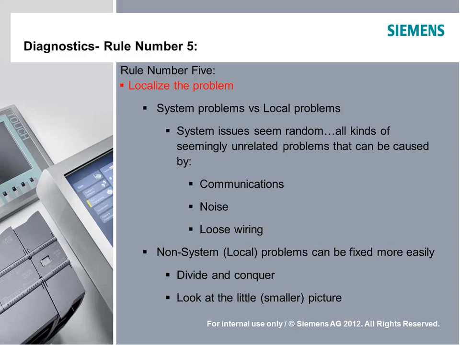So what this means is system problems versus local problems. System problems are going to be things like communications. We may have an Ethernet network around the machine. When system issues pop up, they can seem random and they can appear at various different parts of a machine. Noise issues can often be a communications issue, or noise can find its way onto analog signals and so forth.